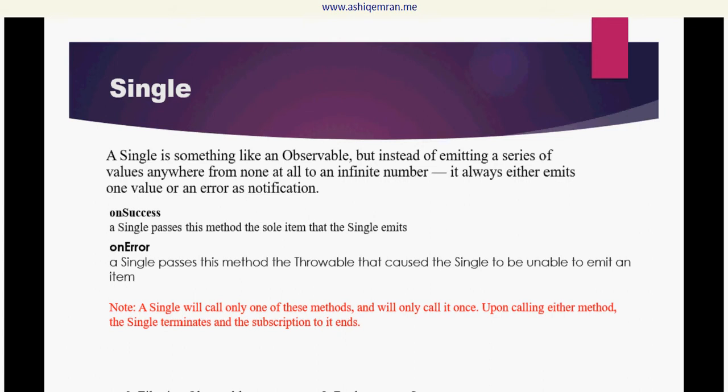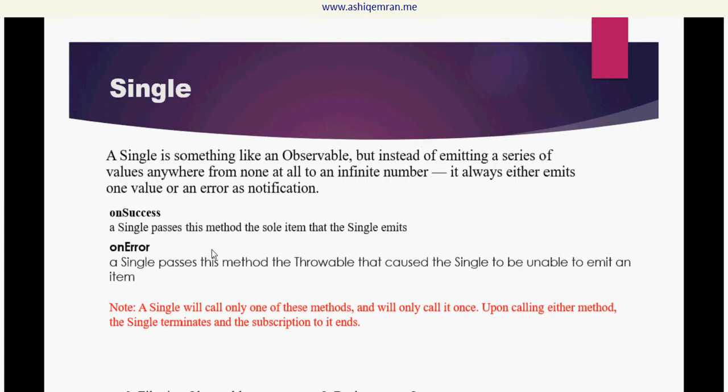What is Single actually? Single is something like an observable, but instead of emitting a series of values anywhere from none at all to an infinite number, it always either emits one value or an error as notification. So when we are using Single, it will return only one single value, or if there is any problem or any error, then it will return an error.